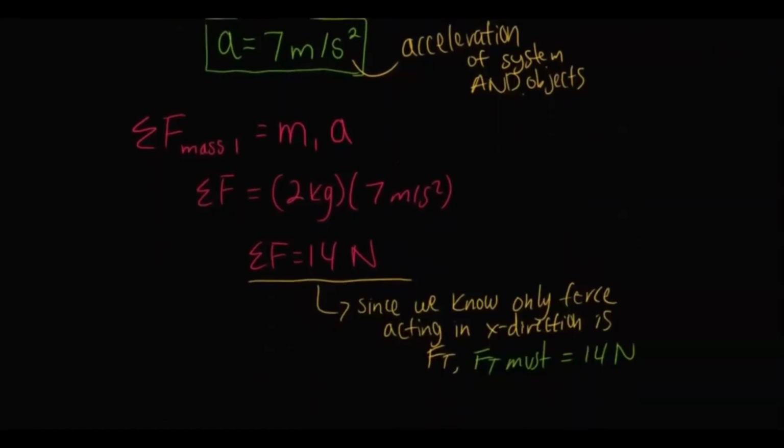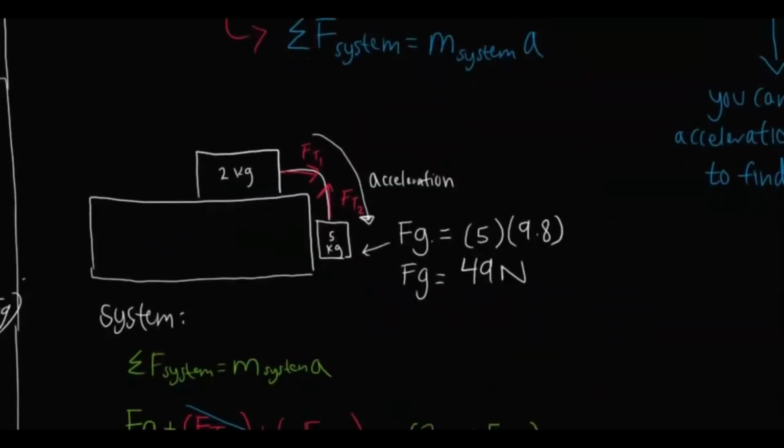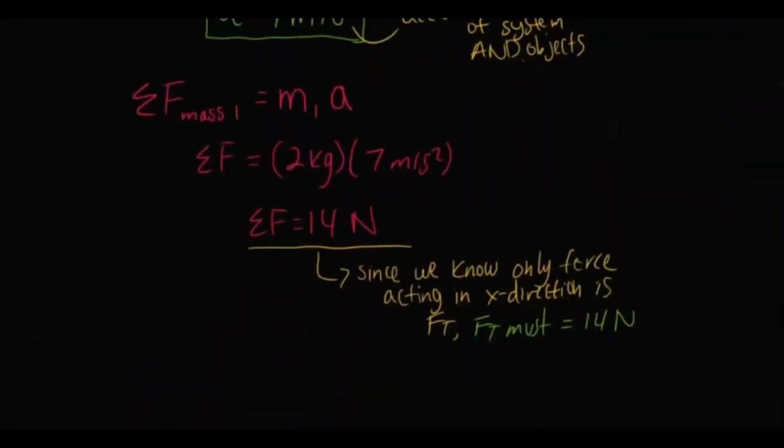The mass of the object is 2 kilograms because we're only observing one object, and the acceleration of the system is 7 meters per second squared, so for the object it must also be 7. 2 times 7 is 14 newtons. Since the only force acting in the x direction is the force of tension, the force of tension must equal 14 newtons.